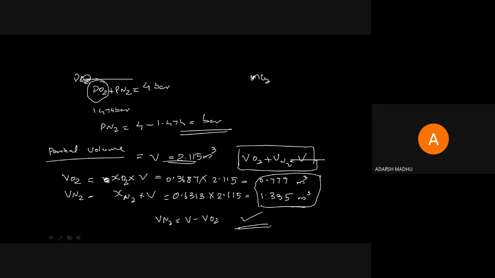When we use PV equal to nRT, we use the universal gas constant R0, so PV equal to nR0T. When we use PV equal to mRT, we use the specific gas constant R. Then we used the equation for average molecular weight. And we also used the equation to find the partial volume, that is mole fraction times the total volume.